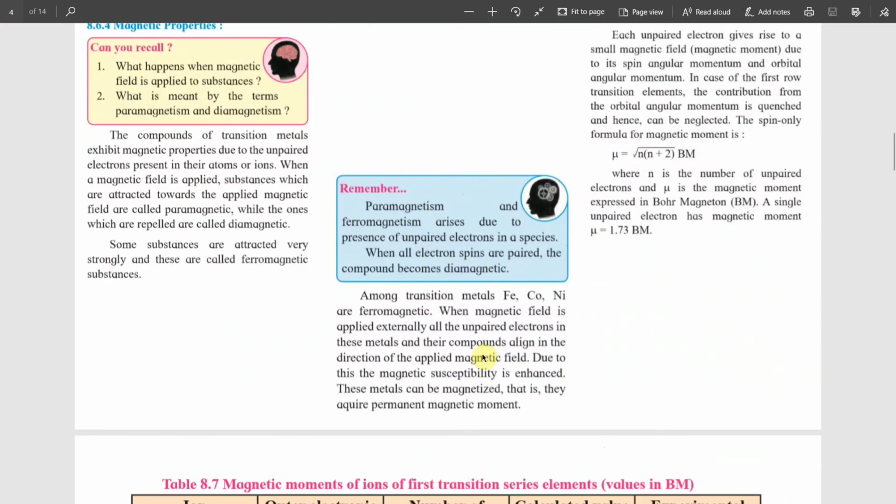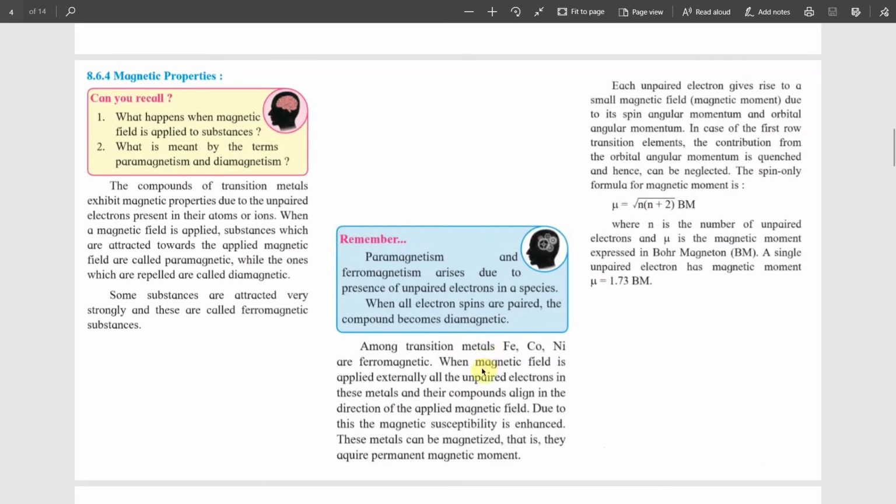Due to this, magnetic susceptibility is enhanced. The metals are magnetized and acquire permanent magnetic moments. So you have to know about magnetic susceptibility.